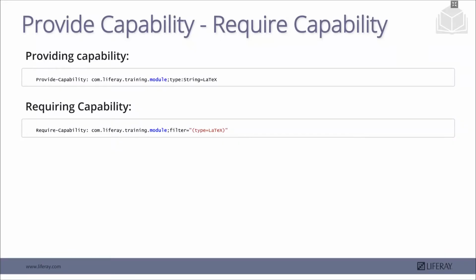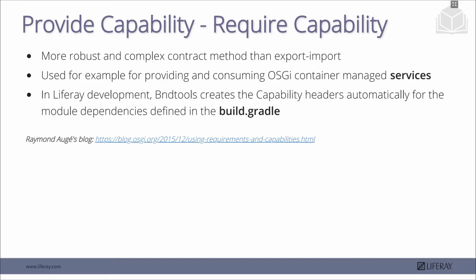So all of that to say, Provide-Capability allows us to provide a specific string that can be targeted by using another header called Require-Capability. Okay, so it's a little bit more robust than export-import.